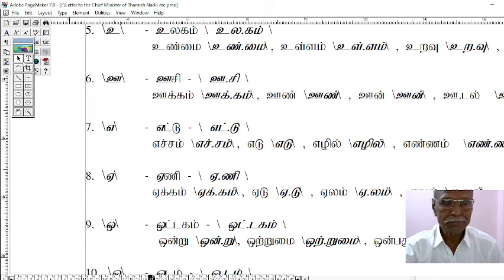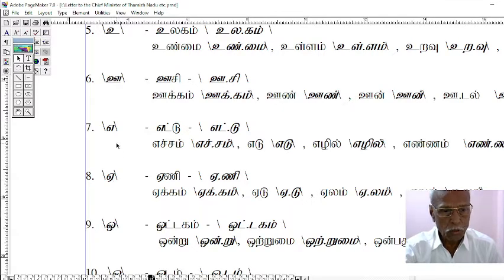The name of the seventh vowel phoneme is E. Example: எட்டு, எச்சம், எழு, எழில், எண்ணம். The name of the eighth vowel phoneme is Ae.